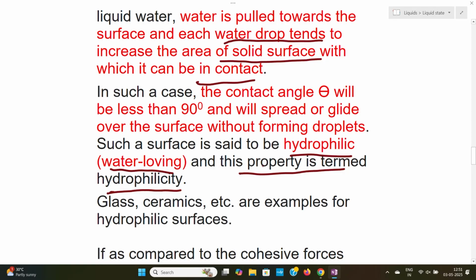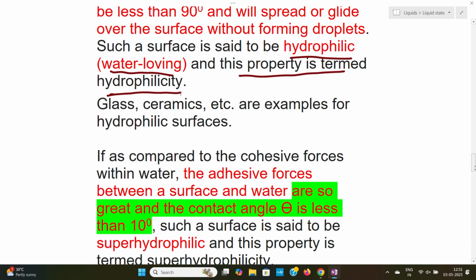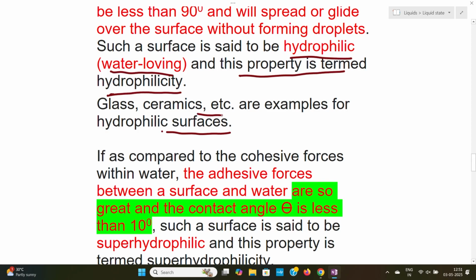I hope you understood what is hydrophilicity. Now, the examples of hydrophilic surfaces are glass and ceramics.